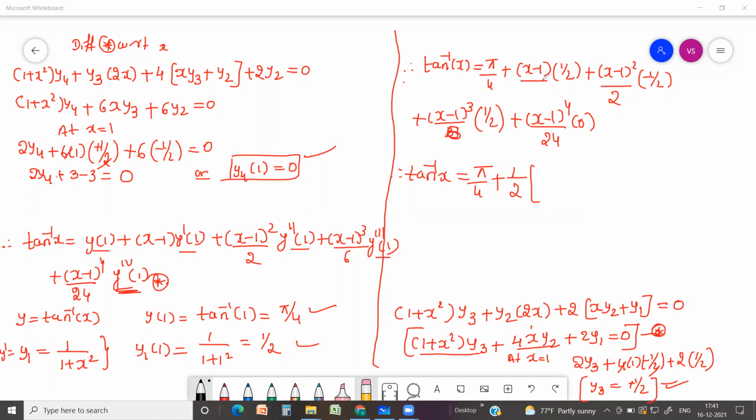So for the remaining terms, x minus 1 is common here. 1 by 2 if I take outside, so minus into plus, it becomes minus x minus 1 whole square by 2. And here 1 by 2 if I take outside, we are left with x minus 1 whole cube by 6. So this is the required power series expansion of tan inverse of x using Taylor series.